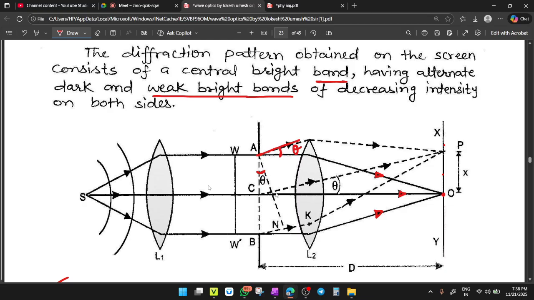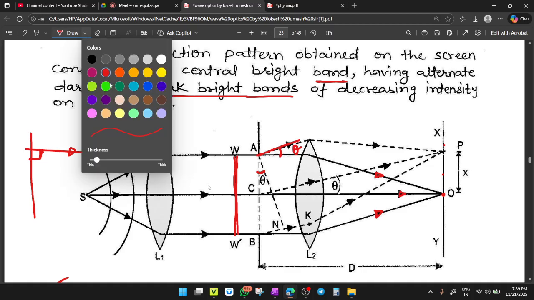Why? Because previously the wavefront is like this, and your rays are like this. Clear or not? Because the angle between the rays and the wavefront equals 90 degrees.